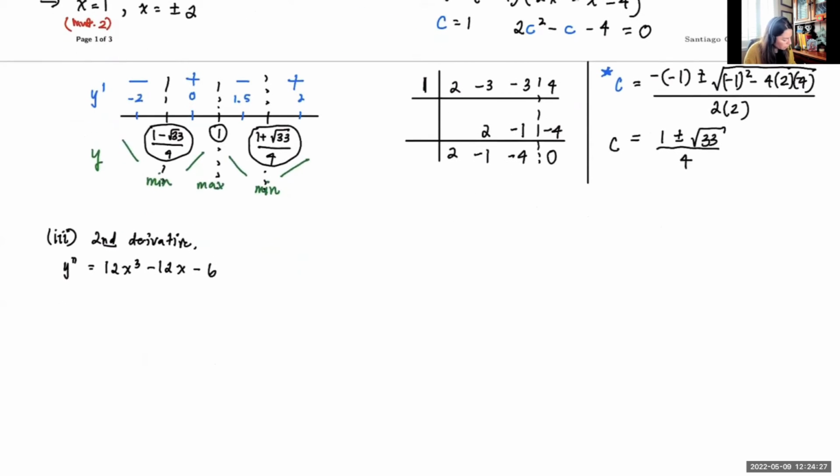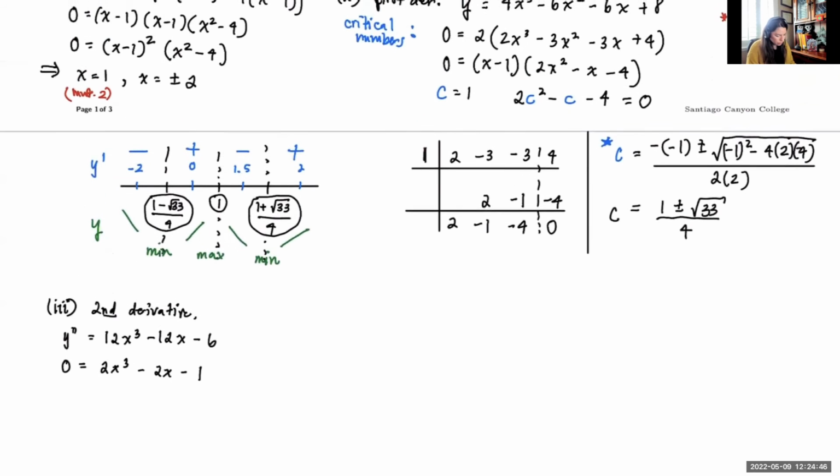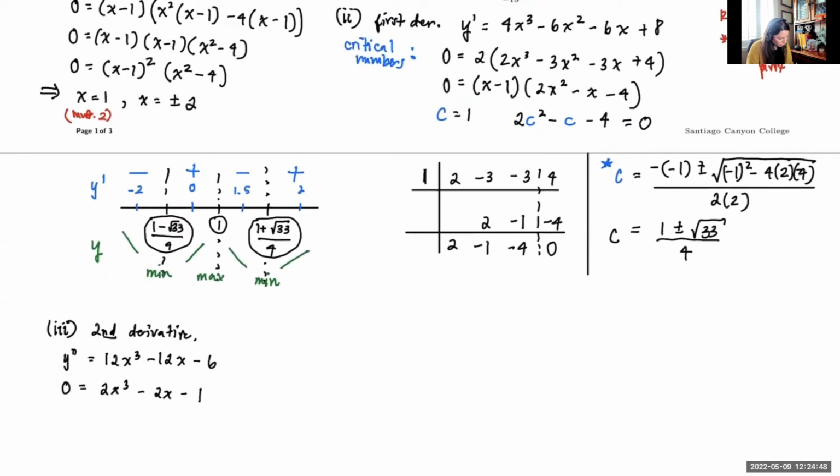Okay, and if I go ahead and set that equal to 0, I'm going to reduce by a factor of 6 at the same time. So I'm going to have 2x squared minus 2x minus 1. Sorry, I did that wrong, 12x squared. Sorry about that.